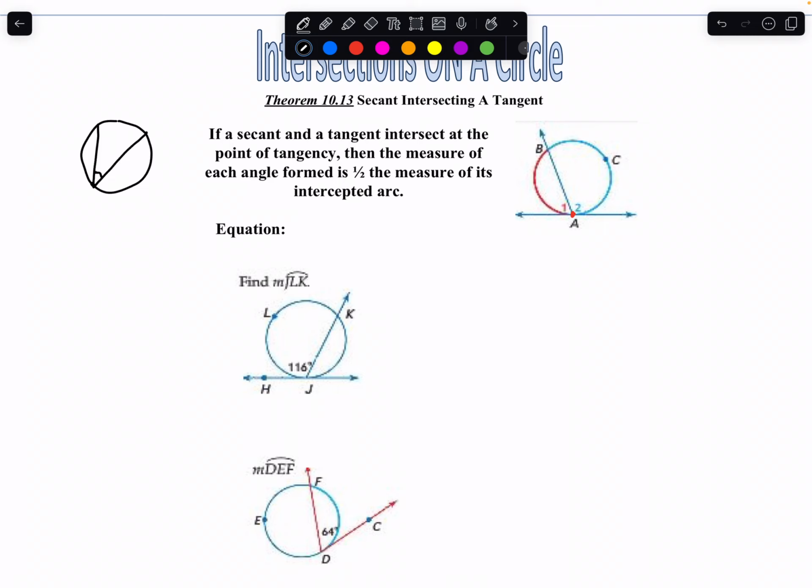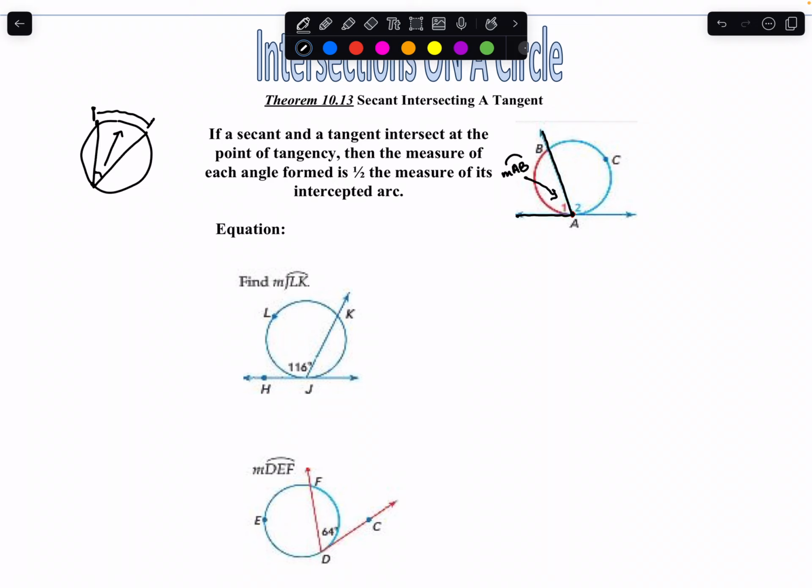The angle will always be doubled to find the measure of the arc. It's always doubled. Well, that's similar here. As you can see, angle A lands on the circle. So whatever this arc measure is, we can divide it by 2 to get angle 1. Or if we have angle 1, we can multiply it by 2.